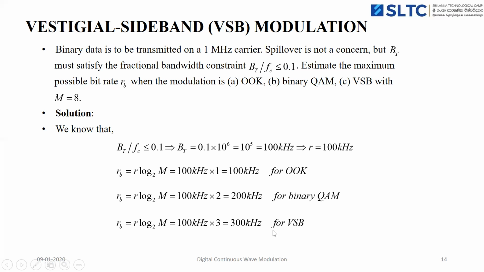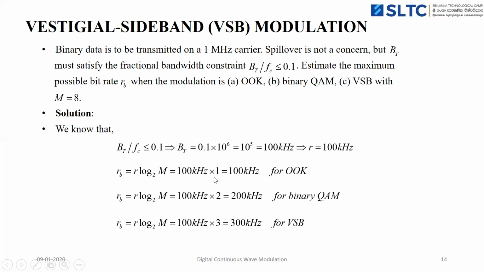Then the bitrate formula is RB equal to R log base 2 of M. For OOK modulation, the number of symbols is 2, so we replace M by 2, and log 2 base 2 equals 1. So for OOK modulation, the bitrate RB equals 100 kilobits per second, meaning the bitrate and the bandwidth are the same. Now the QAM modulation.